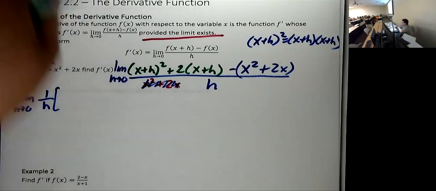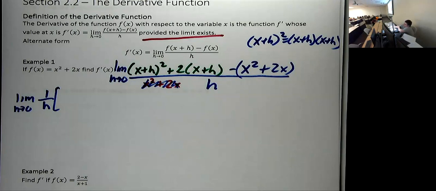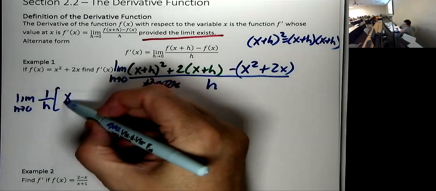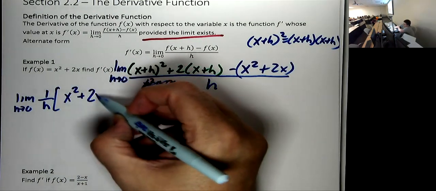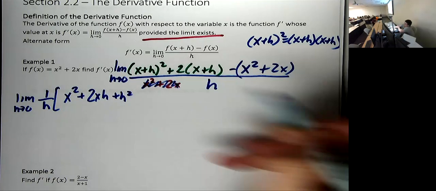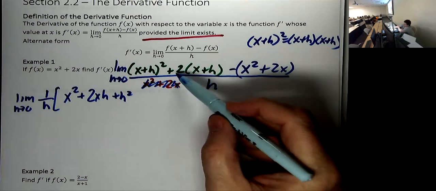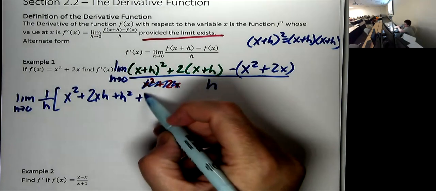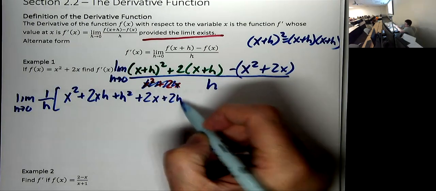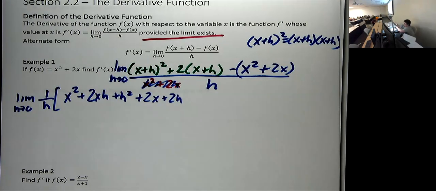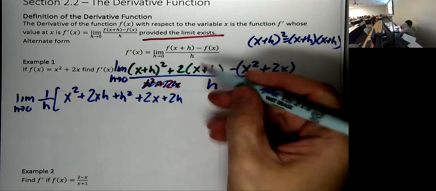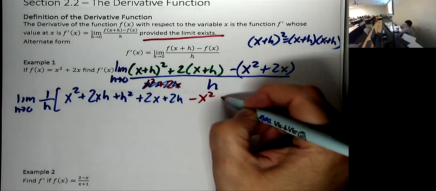It doesn't mean square the things individually. You got to multiply that out. That is x squared plus 2xh plus h squared. Then I have 2 times x and 2 times h. And I have minus x squared and minus 2x.